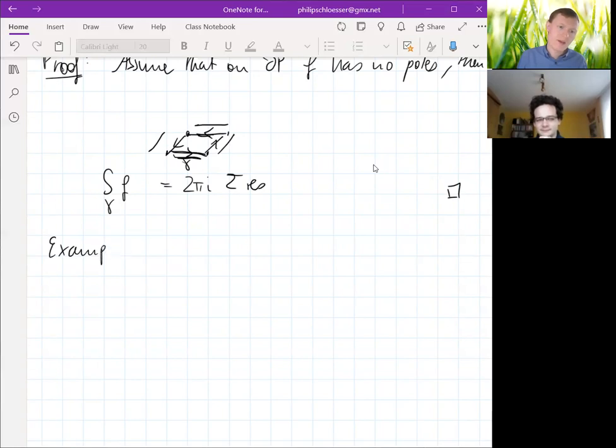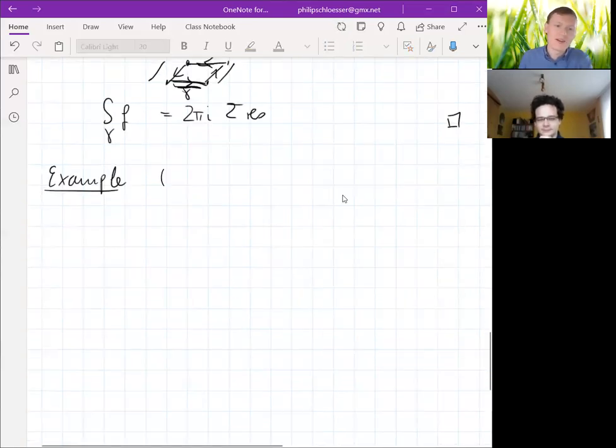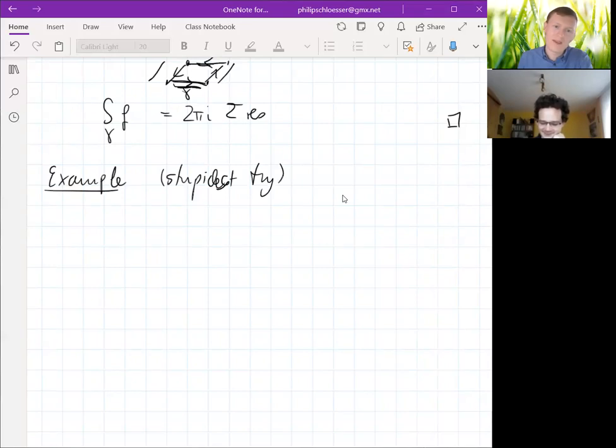And that's actually all we have to know. We can just do a very stupid try. I called it the stupidest try of constructing a non-constant elliptic function.